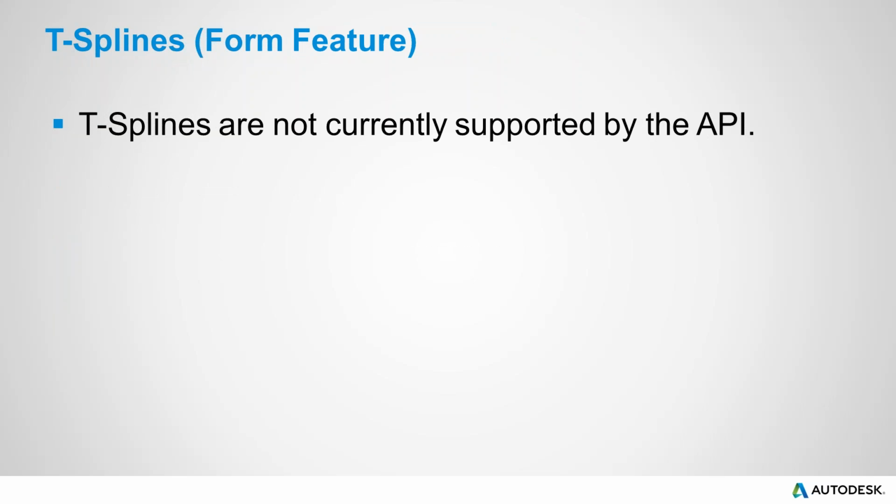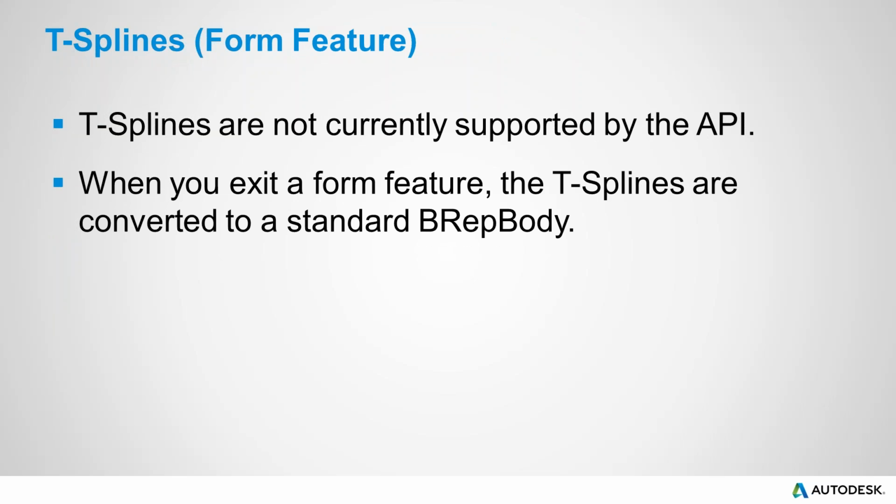All right, T-Splines. When you use the form feature and create some geometry, you can define really organic shapes. T-Splines aren't currently supported by the API, although it's something we've begun the design on, so it'll come in the future. But when you exit a form feature, the T-Splines are converted to a regular BREP body.